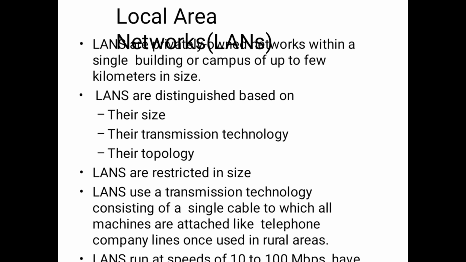LANs are restricted in size. LANs use a transmission technology consisting of a single cable to which all machines are attached, like telephone company lines once used in rural areas. A LAN runs at a speed of 10 to 100 Mbps.